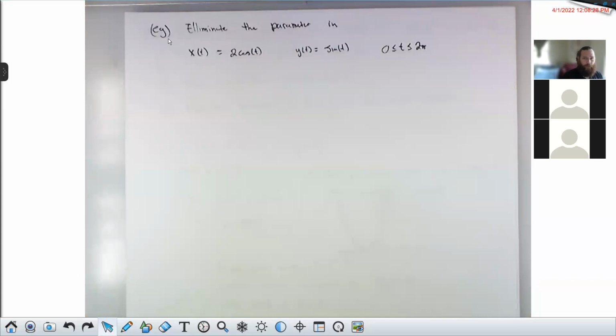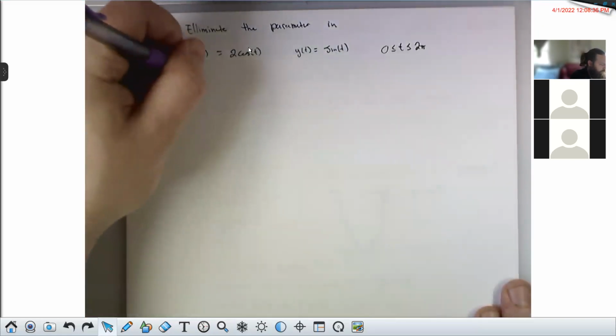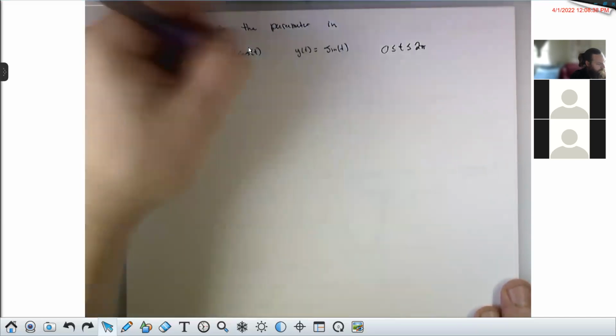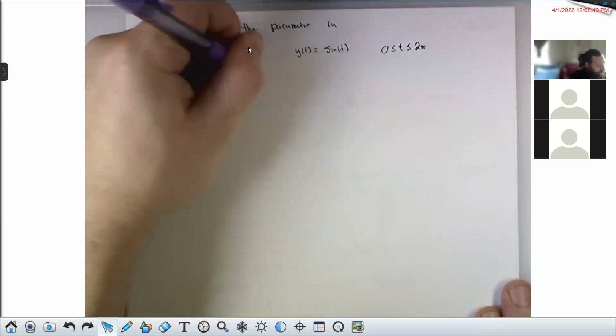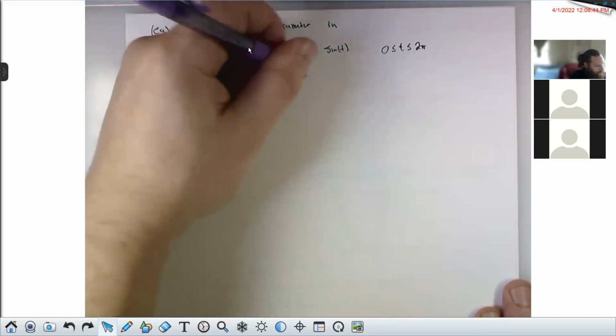The trick when your parametric equations are trigonometric, especially sine and cosine, is going to be to use the identity sine squared t plus cos squared t equals 1.